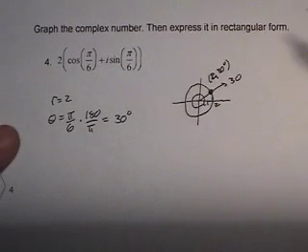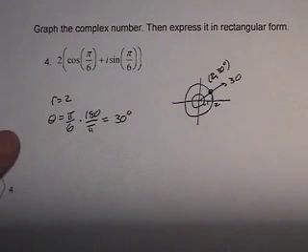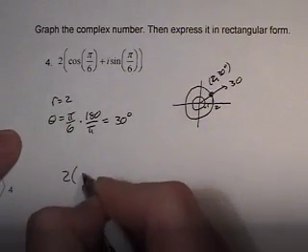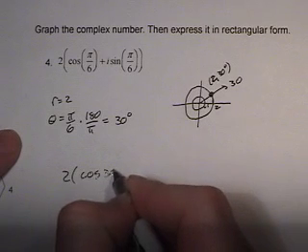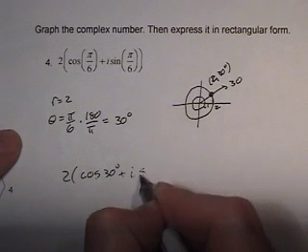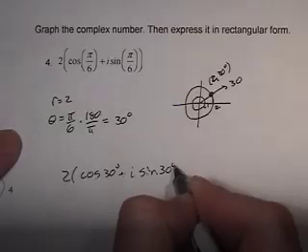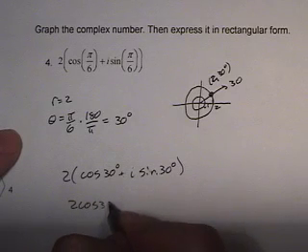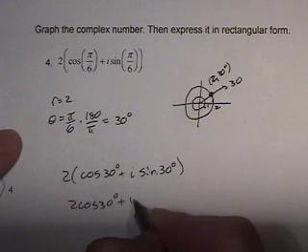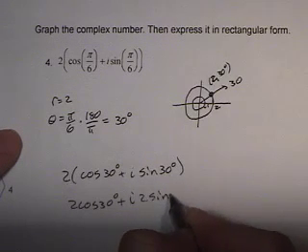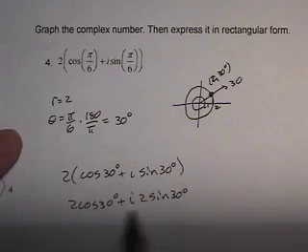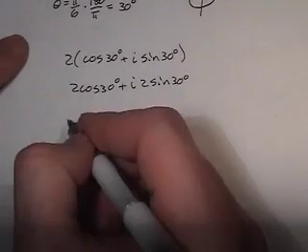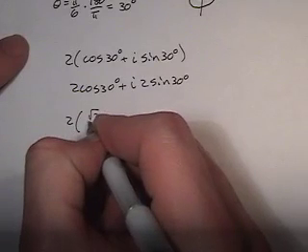Well, how do I express it in rectangular form? I need to do this now. So it's 2, and I'm going to keep it in degrees, times cosine 30 plus i sine 30. Let's distribute the 2. To do rectangular, all I'm going to do is actually figure this out. What is cosine 30? Cosine 30 is rad 3 over 2.